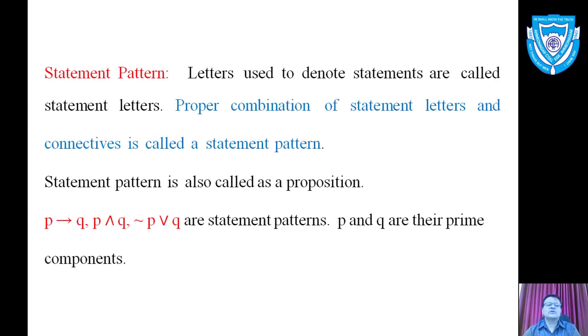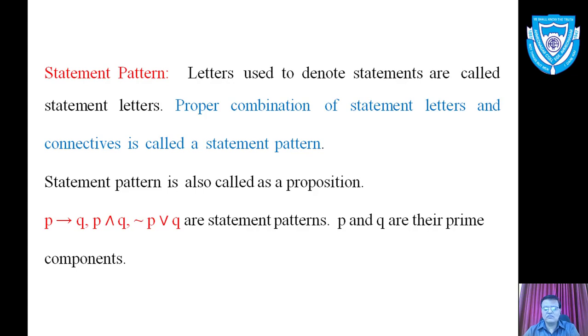Now let us discuss what a statement pattern is. Letters used to denote statements are called statement letters. P, Q, R, S are statement letters. We use them to denote statements, therefore they are called statement letters. A proper combination of statement letters and connectives is called a statement pattern.